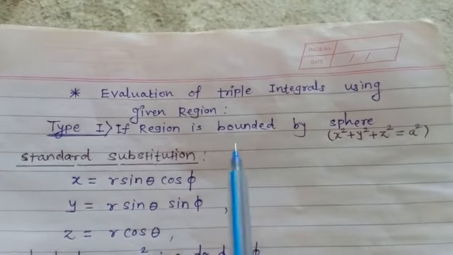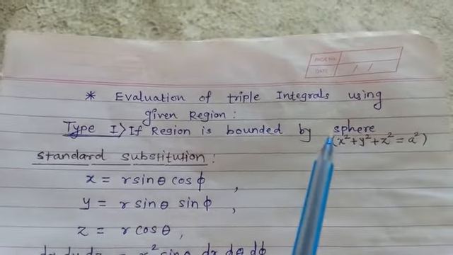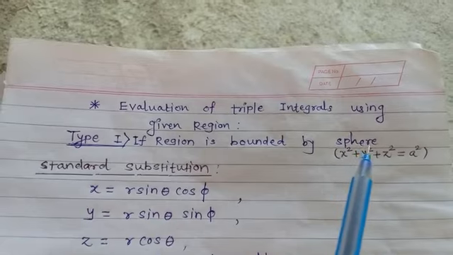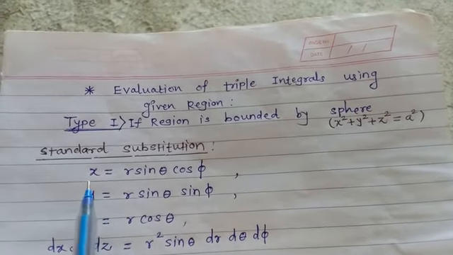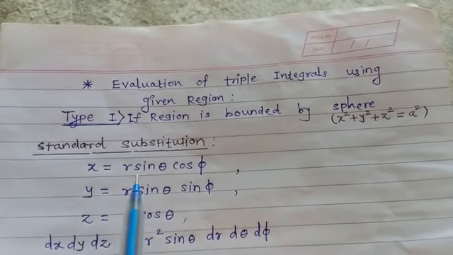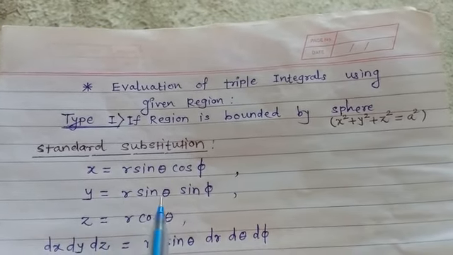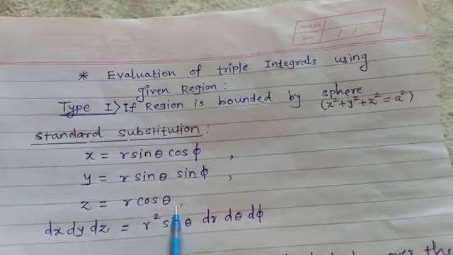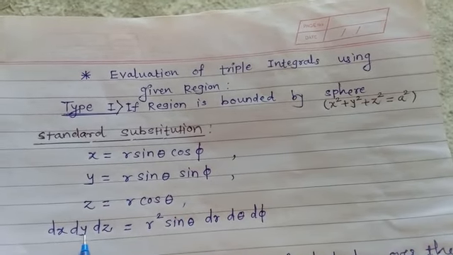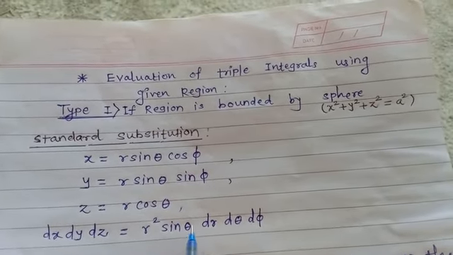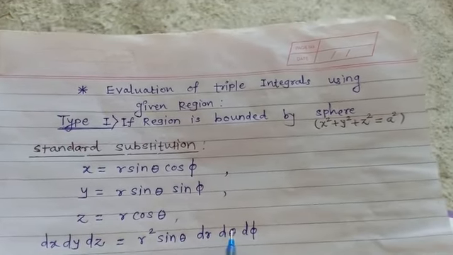Similarly, there is a standard substitution for this particular region, that is, for a sphere. The substitution is we have to replace x by r sin theta cos phi, y by r sin theta sin phi, z by r cos theta, and dx dy dz by r square sin theta dr d theta d phi.